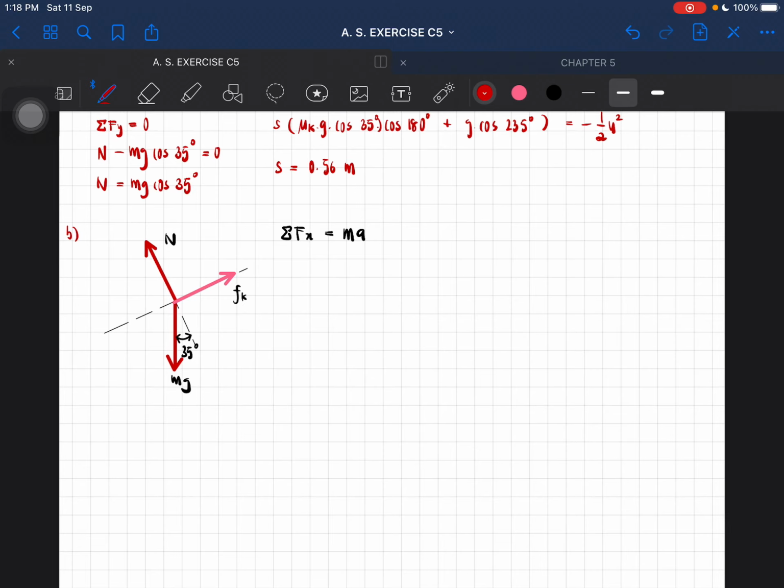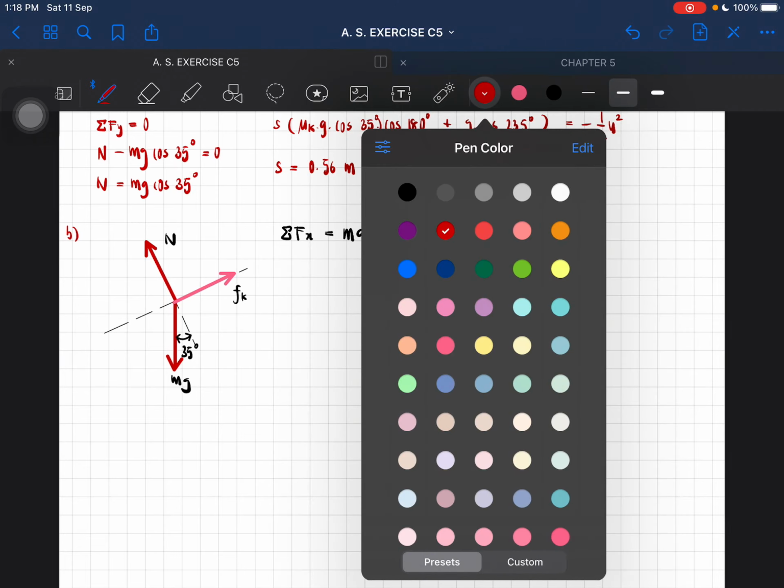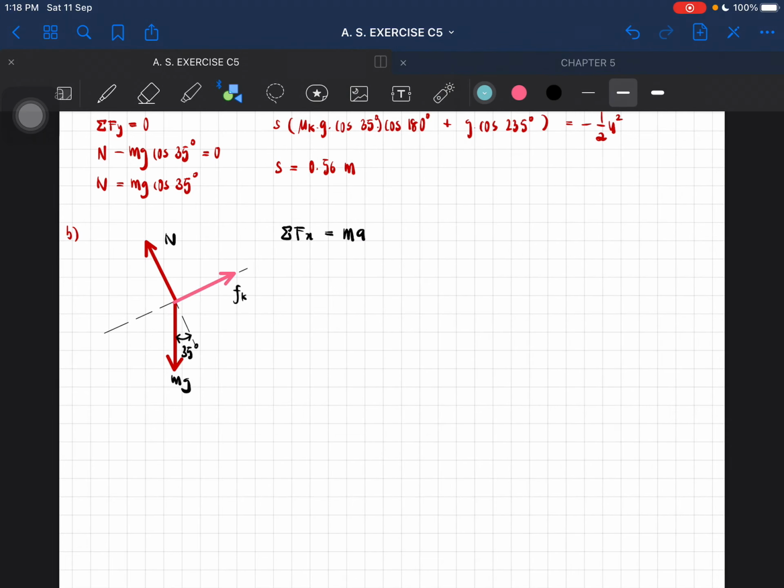Okay, so now the direction of acceleration is going down, which is a here. Okay, so now Fk is negative because it is against the motion, plus mg sine 35 degree equal to ma.